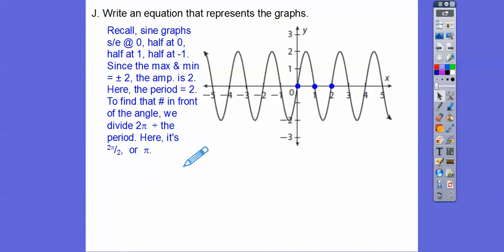Okay, I didn't get to teach you guys that this year because of our coronavirus issue. So anyway, we take 2 pi, which is the regular sine wave period, and divide it by the period that they give us, and so 2 pi divided by 2 is pi. That's why this little rascal is pi.